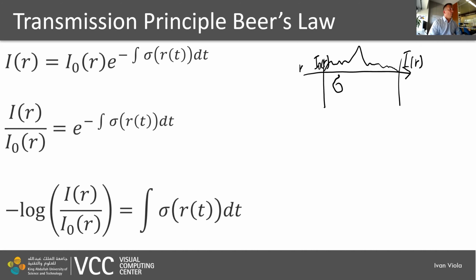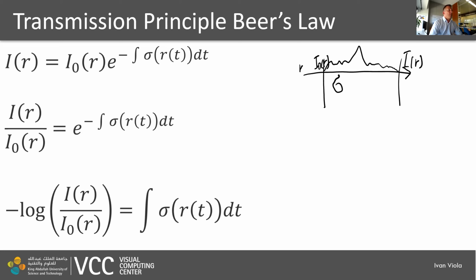Now we can use the Beer-Lambert principle to learn what law this attenuation follows, and we can see that there is an exponential falloff of the intensity, which depends on the changes in the density, expressed in the exponent. This is a somewhat unfortunate formulation.